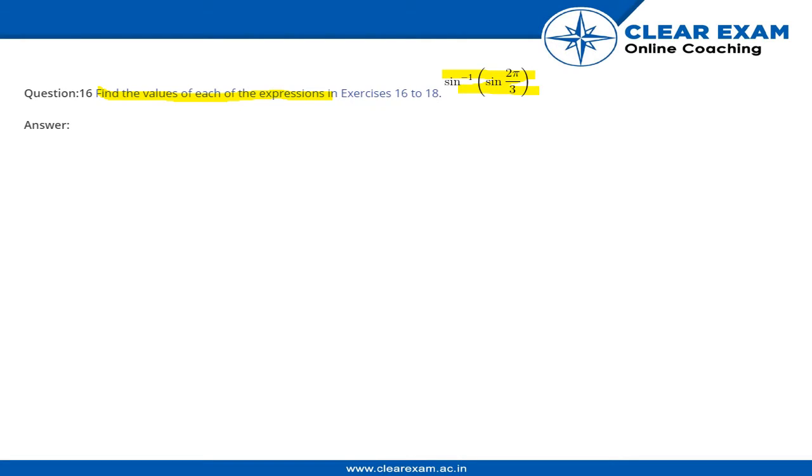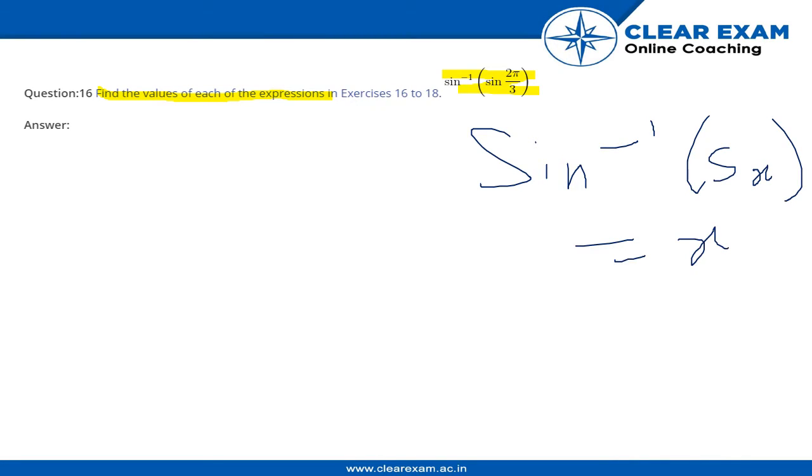Upon looking at the expression, I get an idea immediately that we can use a formula that looks like this: sine inverse of sine x is equal to x, provided that x lies from minus pi by 2 to pi by 2, both inclusive.